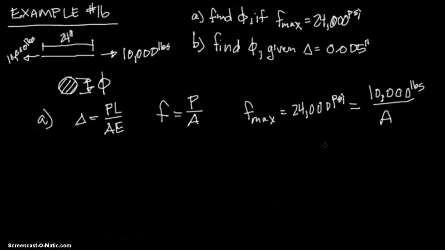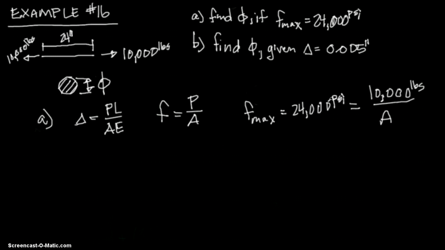You will take A to this side, and 24,000 to the other side, but I'm just going to do it in my head here.